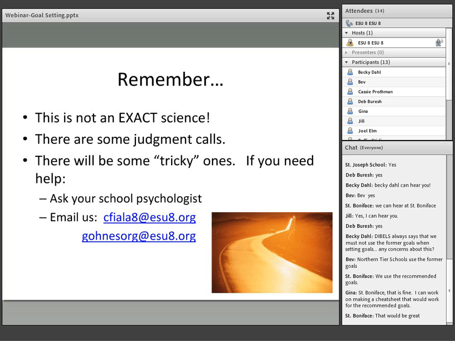And so, you can contact your school psychologist. You could email Gina or I any questions that you have. You just have to remember there's not always that hard and fast rule to go by. It's not exactly exact science yet. So you're going to have to make some judgment calls. There will be some tricky ones. And so if you need help, there's always resources out there where you can go to.